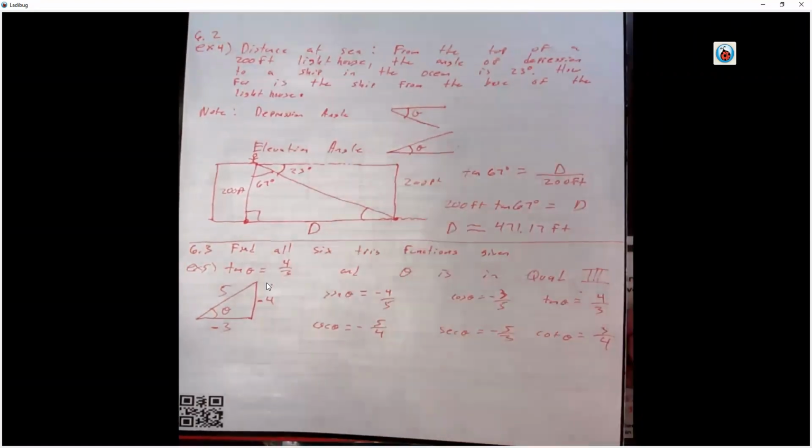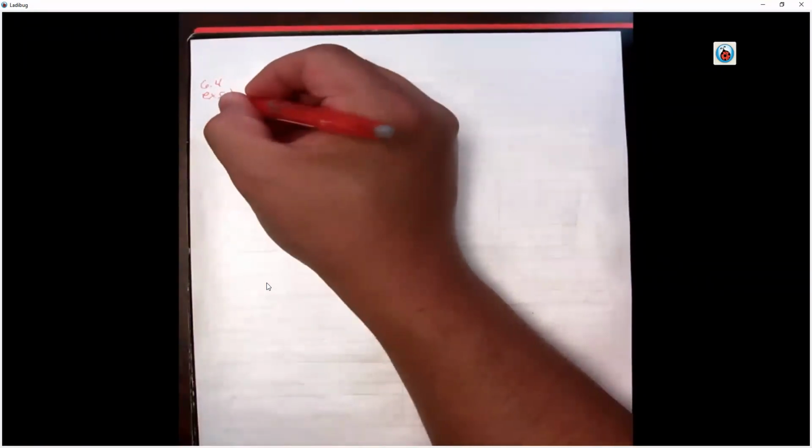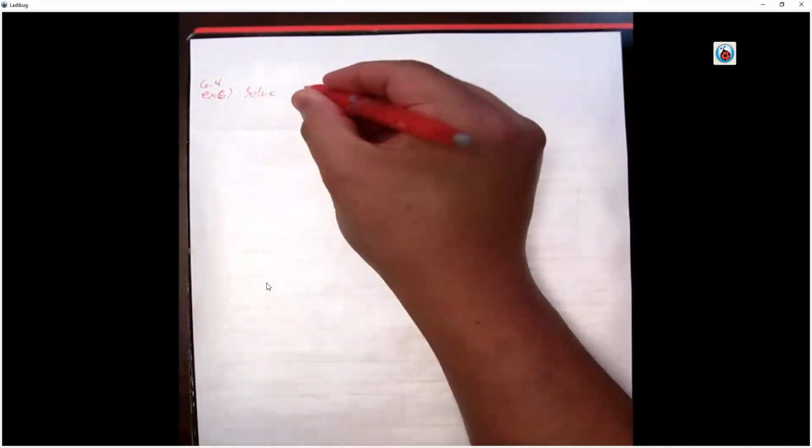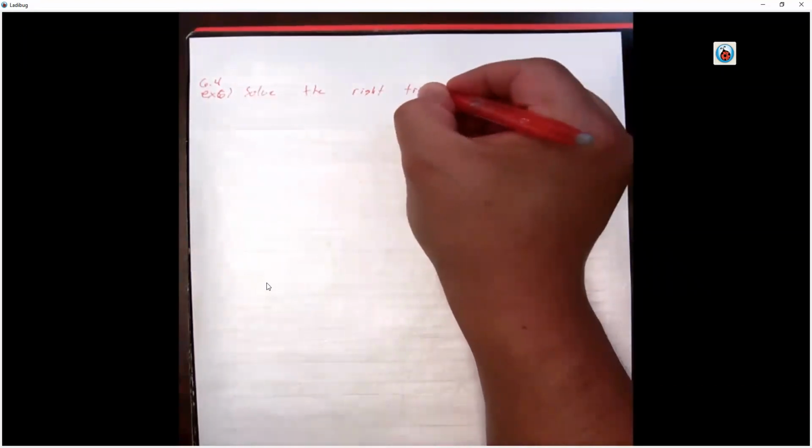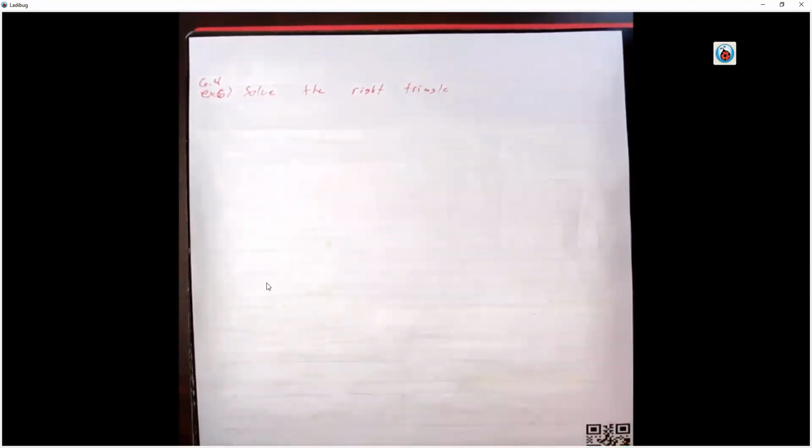That's cool on this page. That's 6. So the right triangle. 6.4 was where they gave you a set of triangles and you had to solve for what was missing, but it was just basic right triangles.